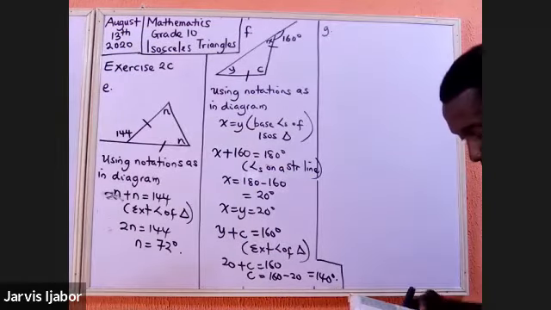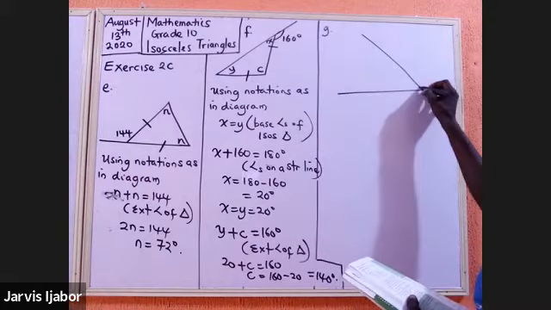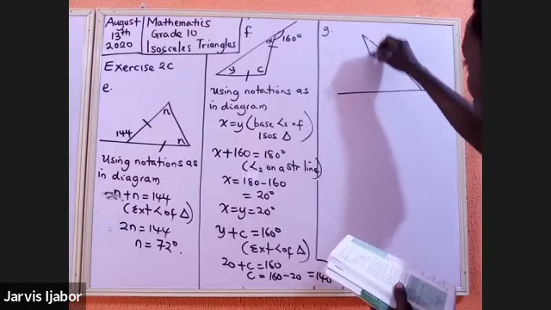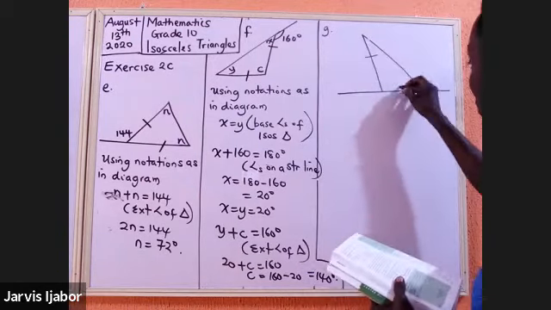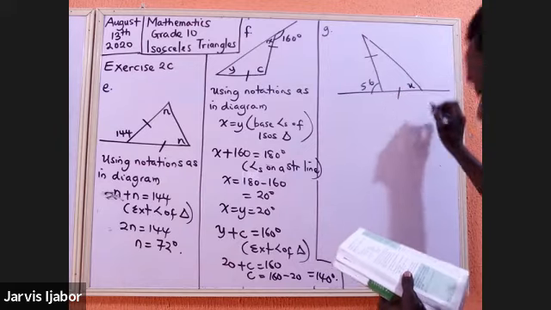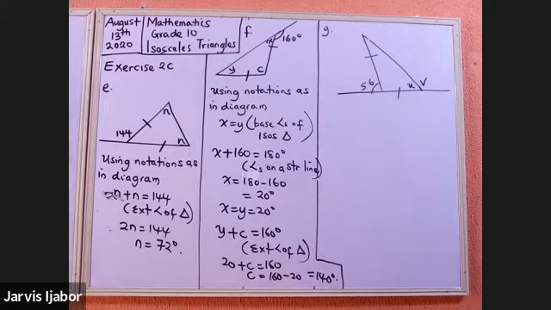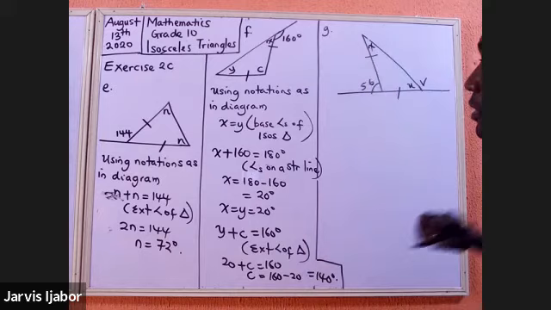In question G, we have this. Remember we are told to look for U and V. Now, if this is U, this will also be U. So let me just call that X for the purpose of solving.